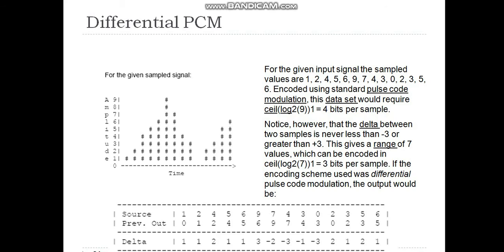However, the delta between two samples is never less than minus 3 or greater than plus 3. That gives a range of 7 values, which can be encoded as 3 bits per sample. If the encoding scheme used was differential pulse code modulation, the output would be as shown here, where the values change by minus 3, minus 2, and so on.